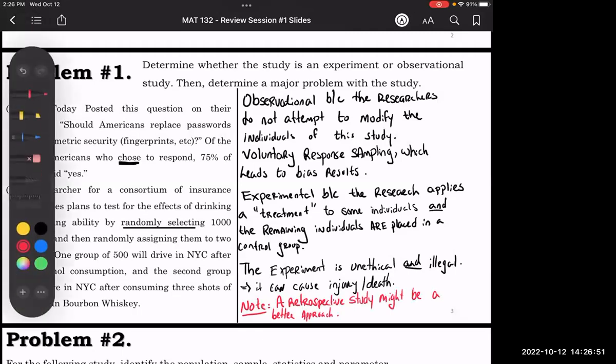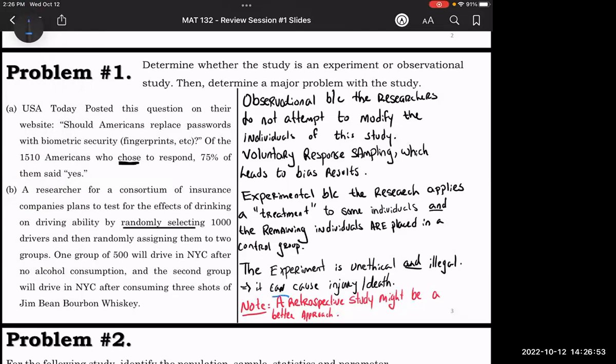In a retrospective study, the researchers look at past results, right? Study past data. And then the researcher makes their recordings or their findings.